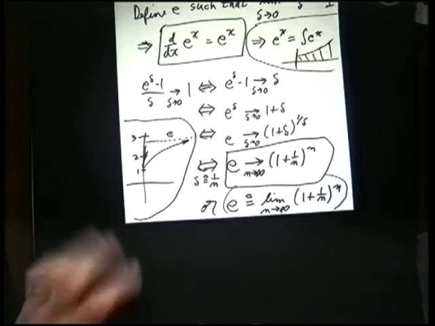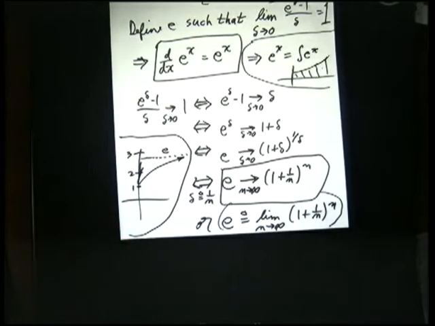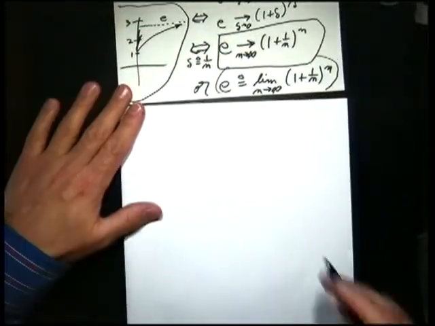Okay, so now we have the derivative of e to the x. So now we can take the series expansion and prove Euler's identity with that. All right, so what do we need?